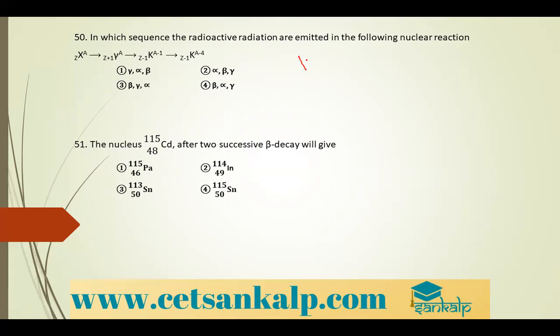So X with A, Z gives rise to Y with A, Z plus 1. Since Z has shifted to Z plus 1, you can say it is beta emission.